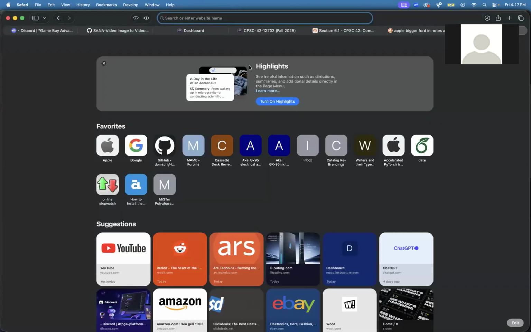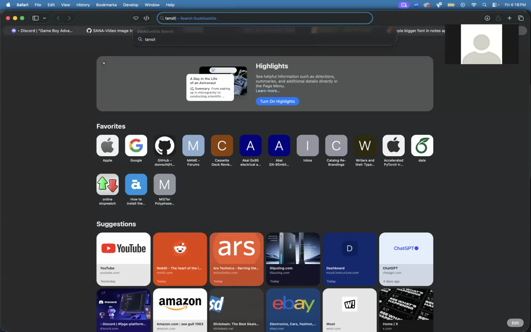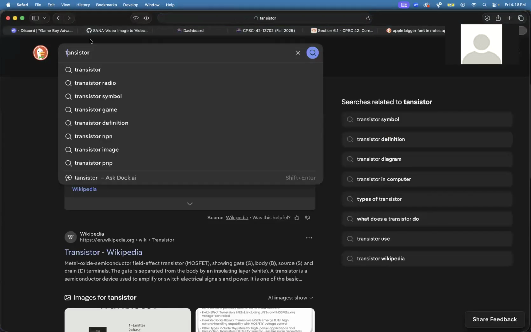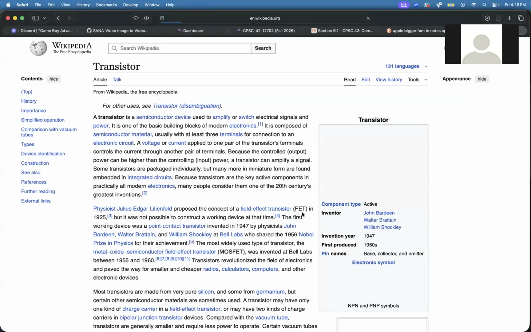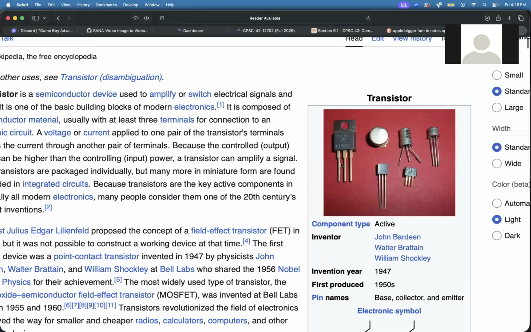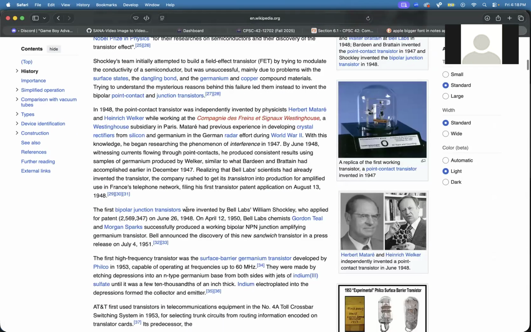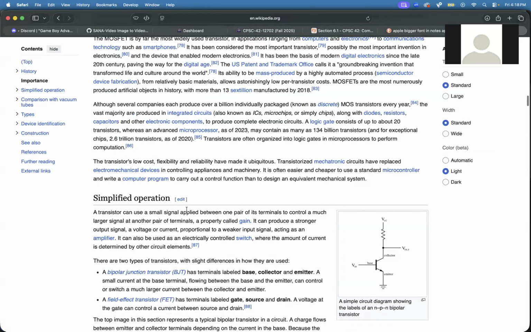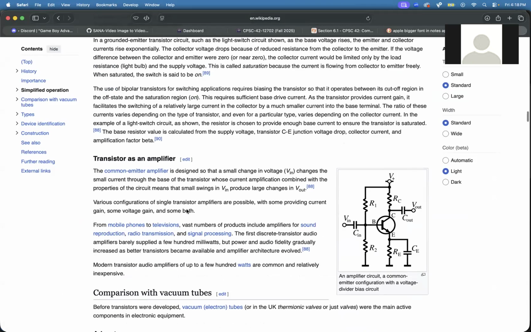And so if you look at transistor, right? So then you'll see a transistor.